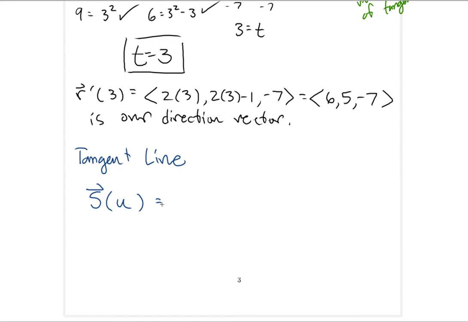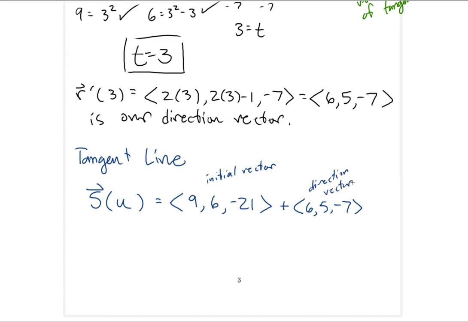And so remember what we do. We take our initial vector, 9, 6, negative 21, our initial vector. And then we say plus the direction vector, 6, 5, negative 7, which is kind of serving the same function as a slope, times the parameter u.